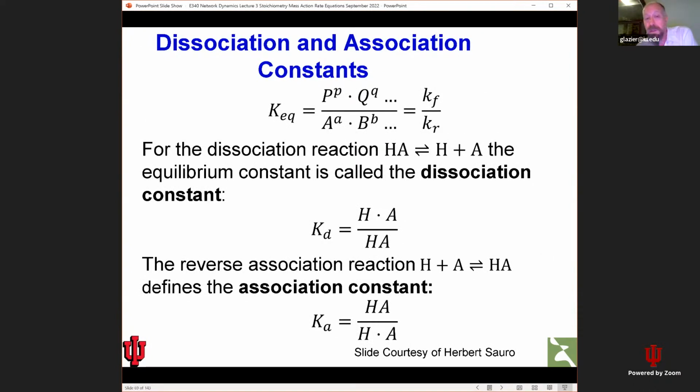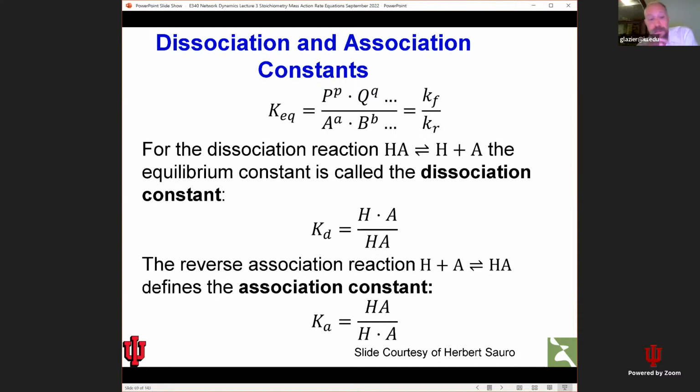So we talked about the equilibrium constant. If I have specifically a complex, HA goes to H plus A reversibly, which happens a lot biologically, then the equilibrium constant has a particular form. It's the concentration of H times the concentration of A divided by the concentration of HA. That's called the dissociation constant.